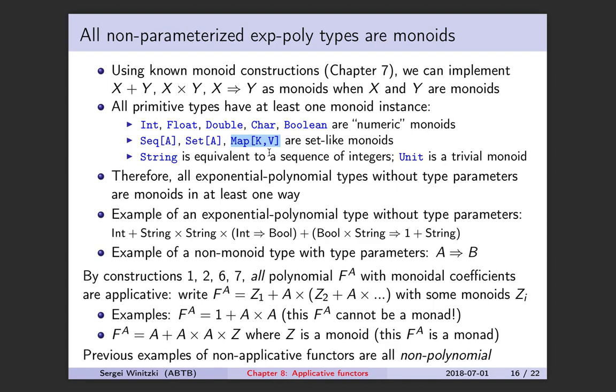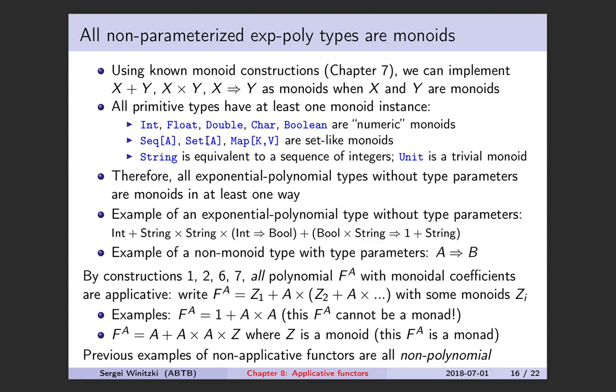But basically, they're set-like, they're monoids, and strings can be concatenated because they're equivalent to sequences of integers, and unit is a trivial monoid. And case classes you can define using these constructions, and function types you can define using this construction.